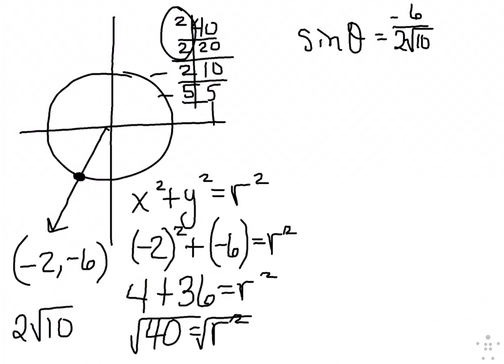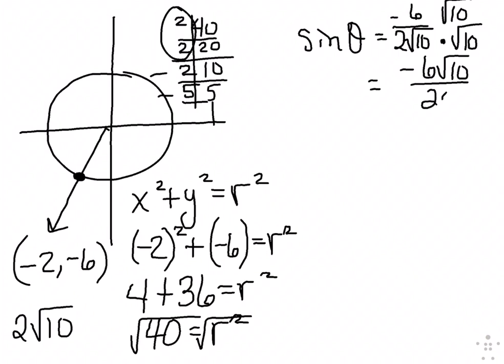Now, bad news for you. Can you have root 10 on the bottom? Nope. So you multiply by root 10 to both top and bottom, and you end up with -6 root 10 over what? 20. How'd you get 20? 2 times 10. Root 10 times root 10 is 10, and 10 times the existing 2 is 20.